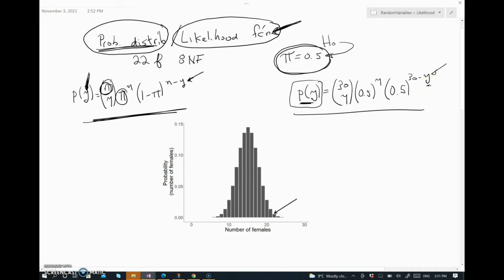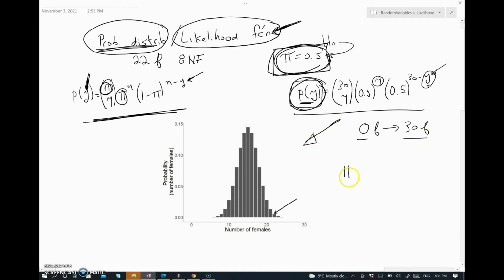So we're going to hold pi constant at 0.5, and we're going to vary y. We're going to vary y starting from 0 females all the way up to 30 females. And we're going to calculate the probability of getting a particular number of females between 0 and 30, and plot that down here.